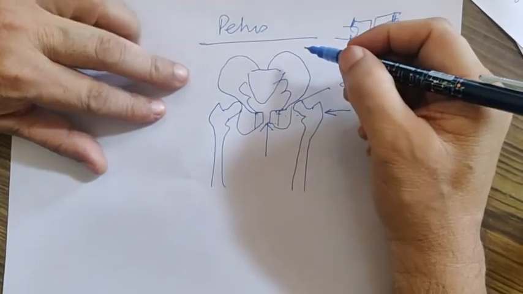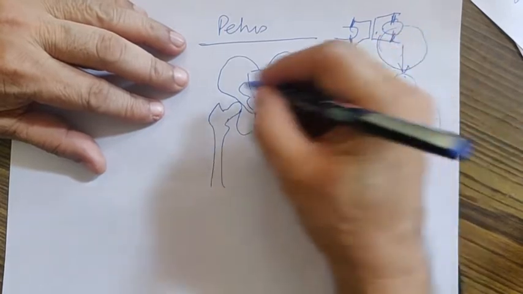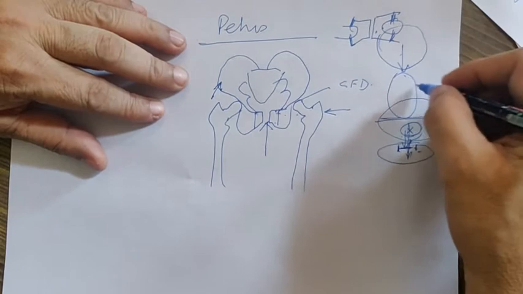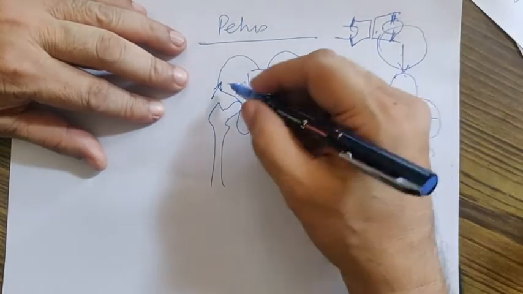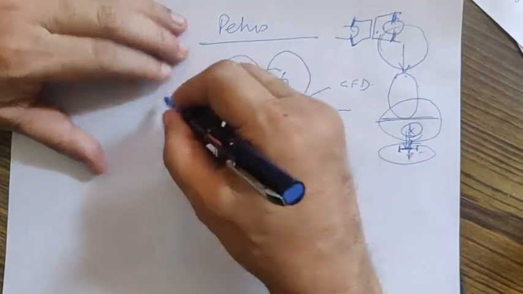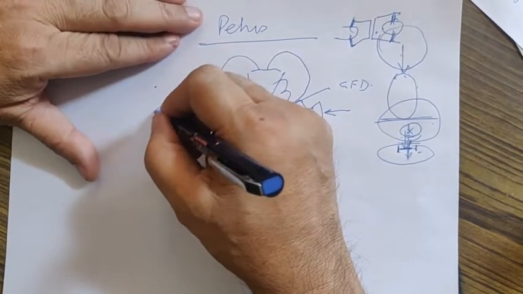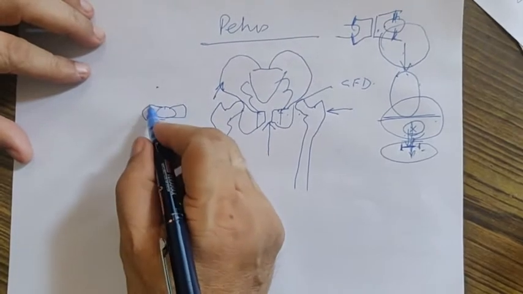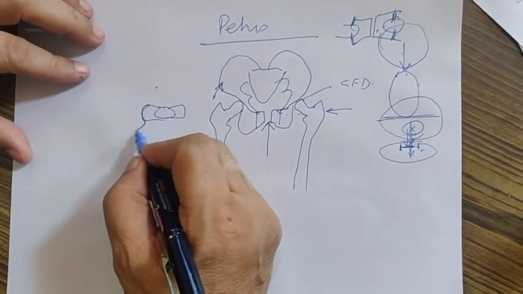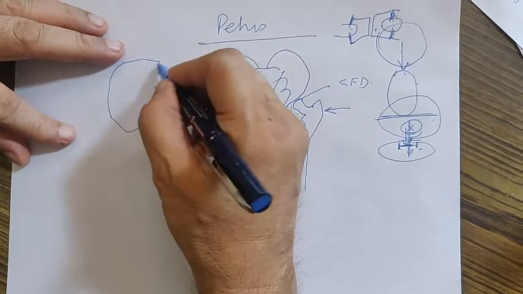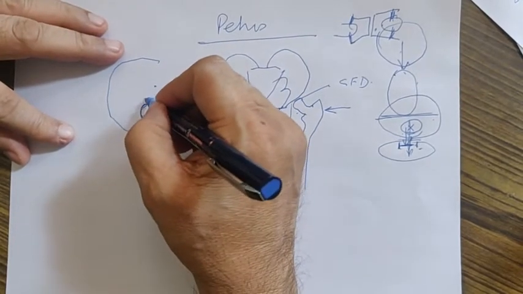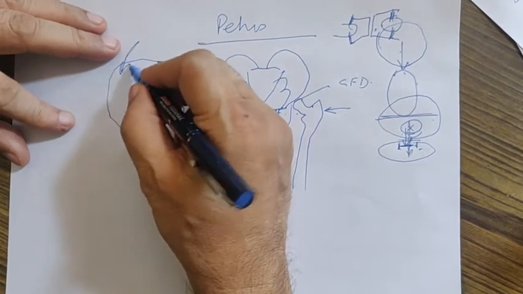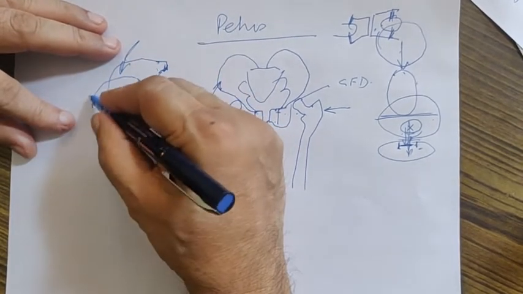The third thing that can happen is a pressure on the anterior superior iliac spine. If he is lying oblique and one of the anterior superior iliac spines is pushed backwards, then if this is the sacrum, here is the ilium. On this side you find that this is the pelvic rim and here is the pubic symphysis, and this is being pushed backwards, so this will open like a book.